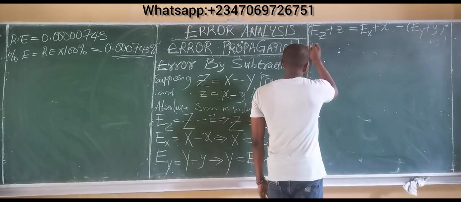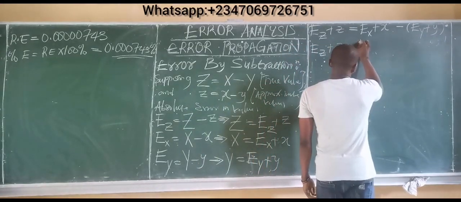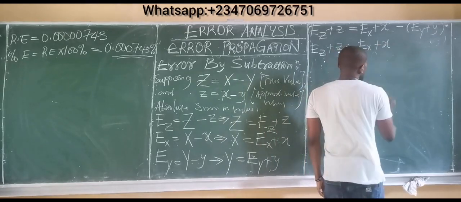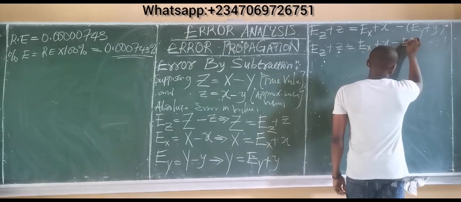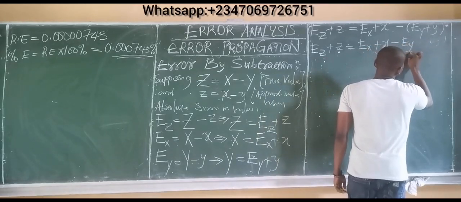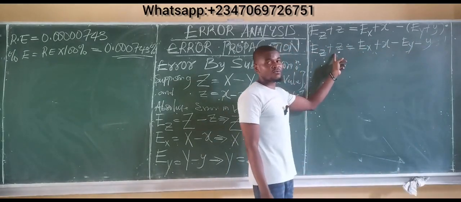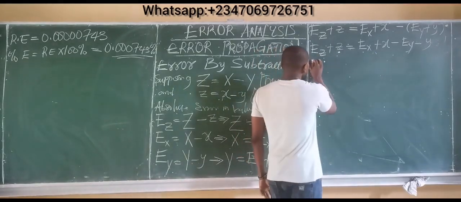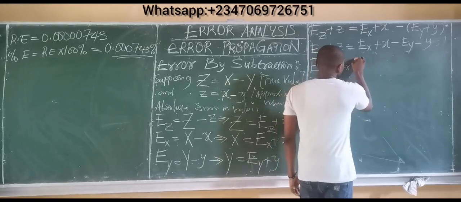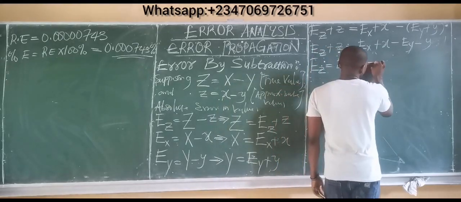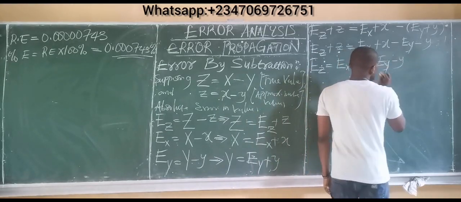Now error in z plus the approximate value of z is equal to error in x plus approximate value of x. Now let's expand this bracket with the negative sign. So I have negative error in y, minus the approximate value of y. Okay, so let's send z over to this side of the equation. We are going to have that error in z is going to be error in x plus the approximate value of x minus error in y, minus the approximate value of y.